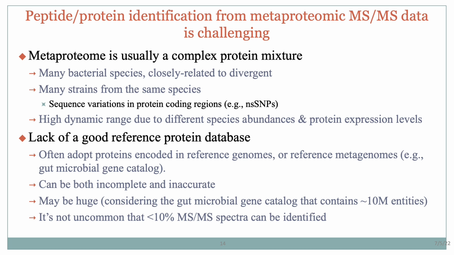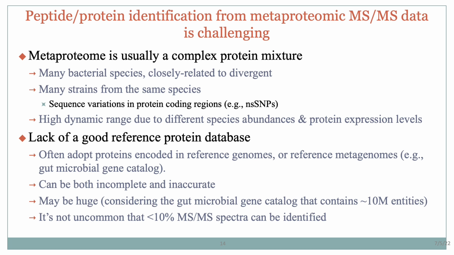For this approach to work, we rely on a good collection of reference proteins, which can be inferred from reference genomes, or in the case of the microbiome, from metagenomes.